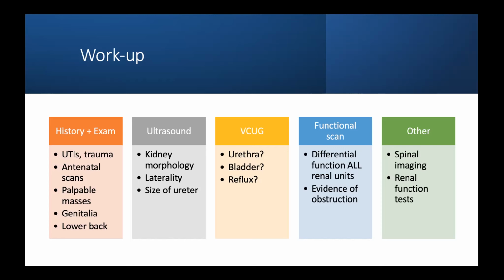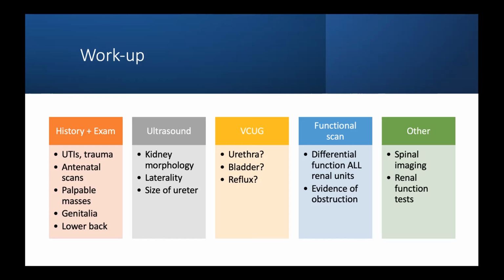And then if you're going to do a diuretic renogram at the same time, you're essentially trying to look for evidence of obstruction, either at the level of the UPJ, the uretero-pelvic junction, or at the level of the bladder, which would indicate more uretero-vesical junction obstruction.